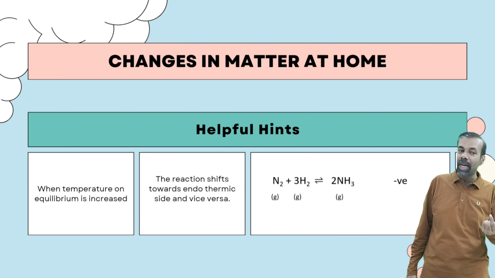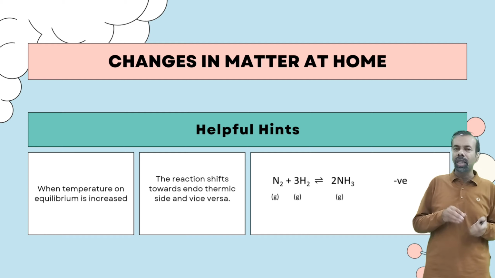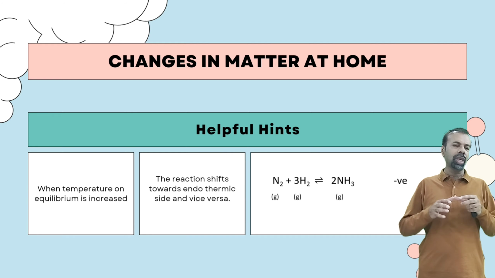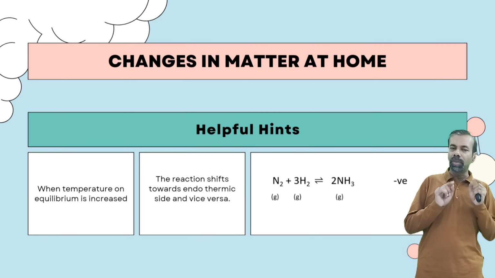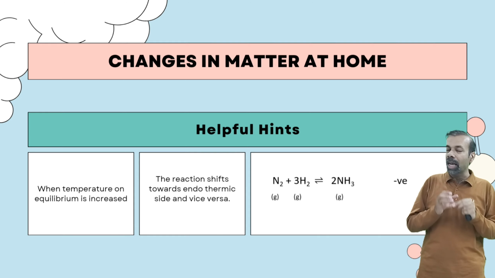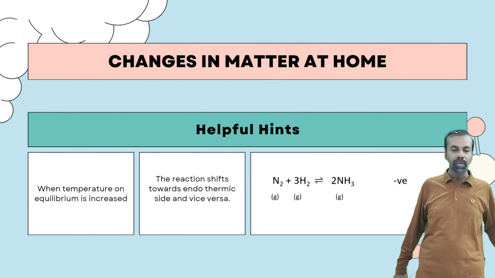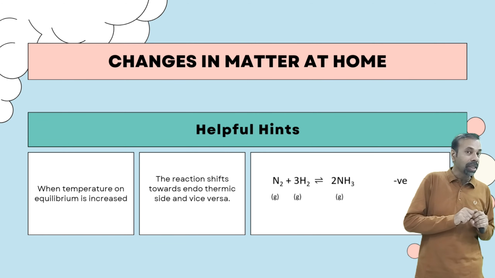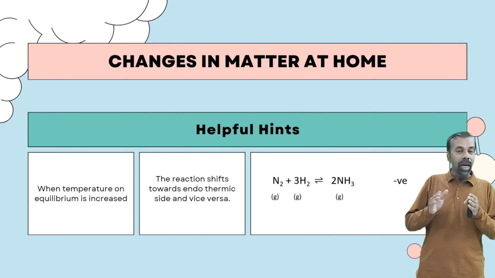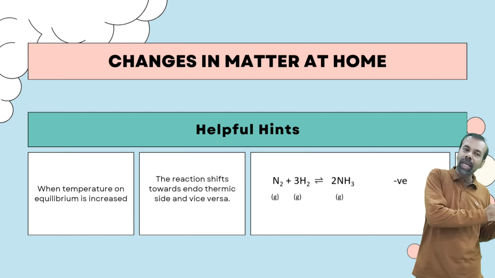As you can see, delta H is given as minus. The examiner will give you information about whether the reaction is exothermic or endothermic. But remember that when delta H is negative, it is exothermic, and when delta H is positive, it is an endothermic reaction. So this is an exothermic reaction, meaning its forward side is exothermic and its back side is endothermic.